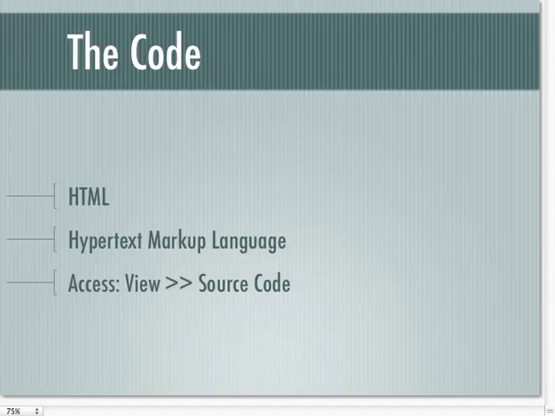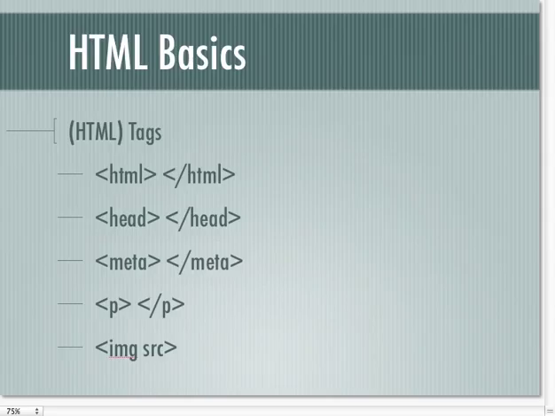There are a few HTML basics. HTML codes are characterized as tags. I've listed a few of them right here: the HTML tag, the head, the meta, the paragraph, the P, and what you would use for an image source. You'll notice that for the first four, there are open tags and closed tags. You can tell the difference because of the slash in the second tag.